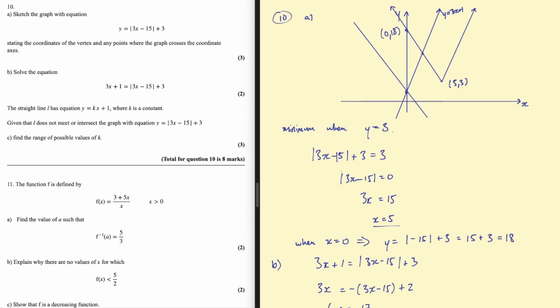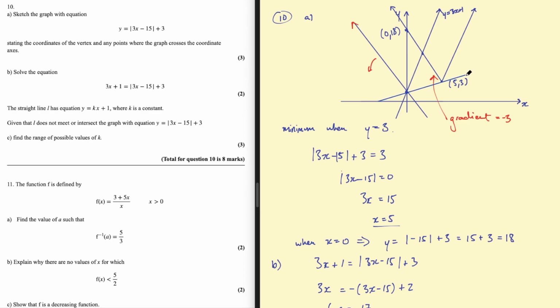So let me just write a note. The gradient of this line is negative 3. So the gradient of line L must be greater than negative 3 or equal to. So it could be negative 3 or it could be greater than that. And it could be anywhere in here as long as it's less than this line over here. So let me just do that in blue as well.